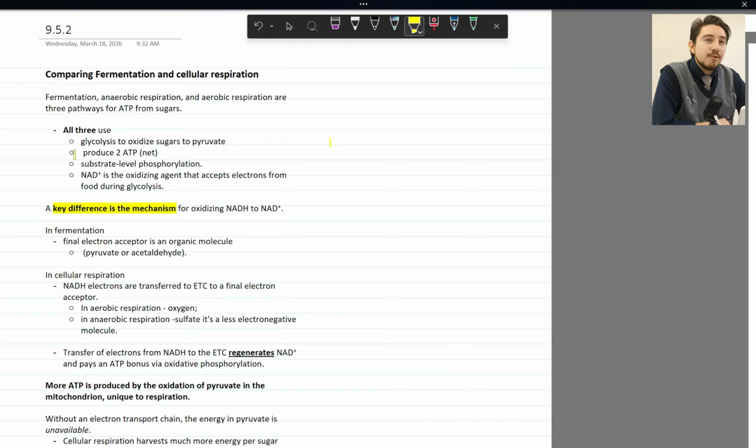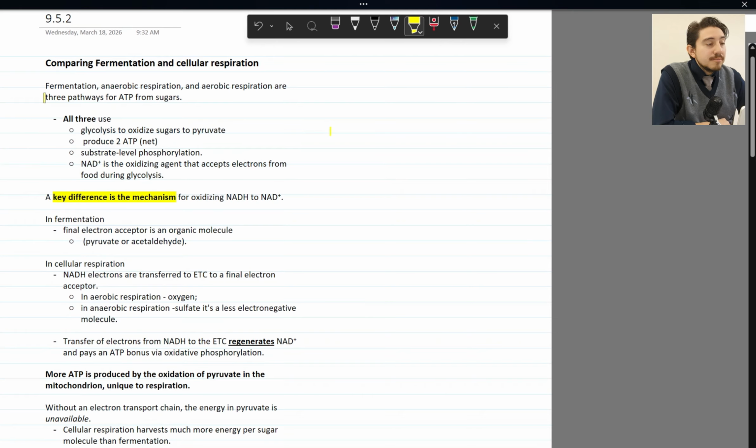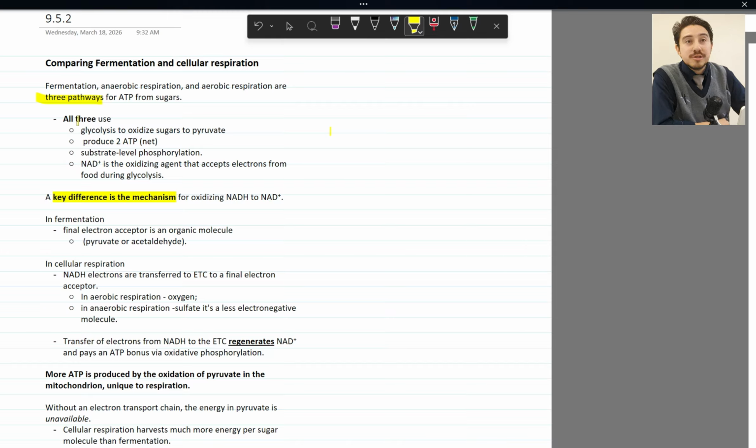This is a very common question in AP or undergraduate-level critical thinking: compare and contrast fermentation and cell respiration. So, one, fermentation, anaerobic respiration, and aerobic respiration are three pathways in which you can produce ATP from sugar. In that sense, they all do something similar.